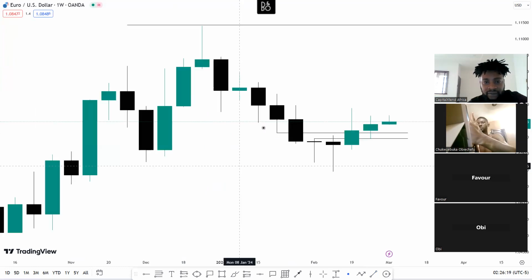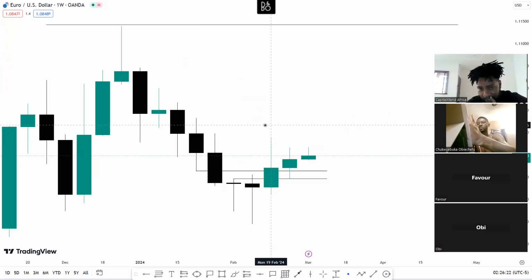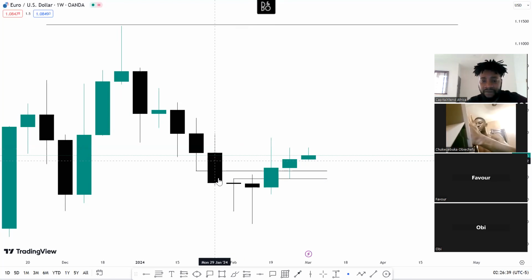Why is it an inversion fair value gap? If you've been in our advanced class where we talk about fair value gaps, the types of fair value gaps we have are CB, BC, volume imbalance, and inverted fair value gap. So what we are getting here is an inverted fair value gap.